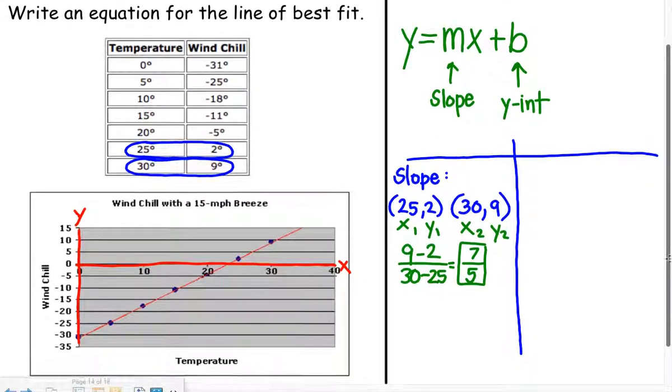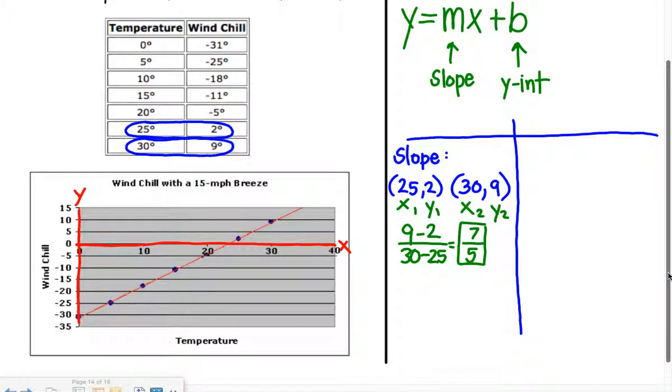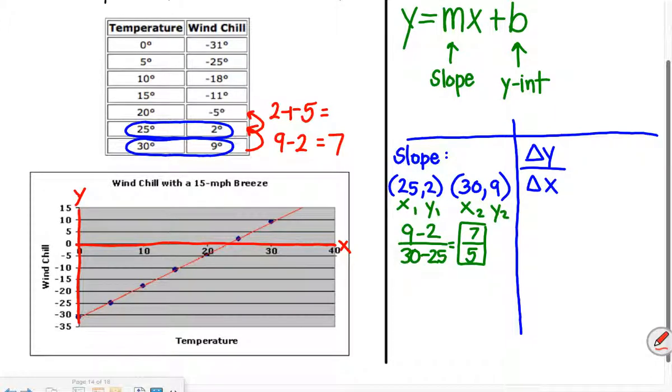Now let me show you another way you could find your slope. Now remember, slope or rate of change, is also the same as change in y over the change in x. So let's see what happens if I do change in y over change in x. So that would mean I'm doing 9 minus 2, which is 7. 2 minus a negative 5, which is 7.